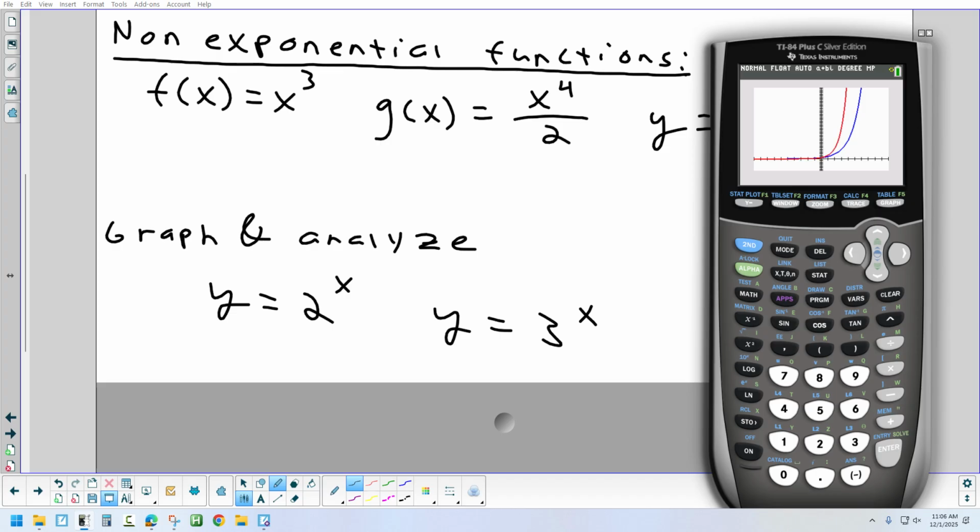Okay, so it curves up a little sharper. And if you did something a little bit smaller, like 1.3 to the x, there you go. That one's going to curve up a little bit slower than all the others. Okay, but those are all exponential, each one of them.